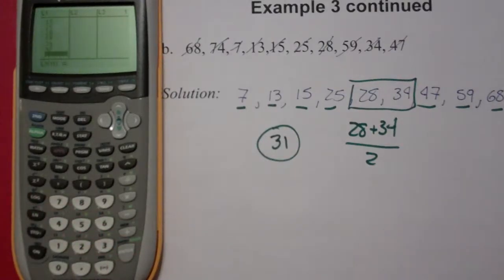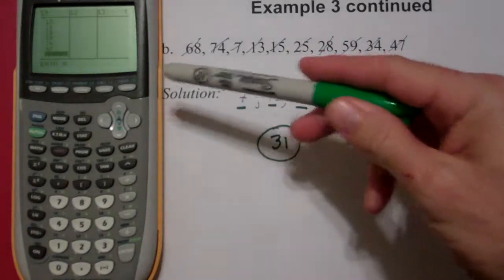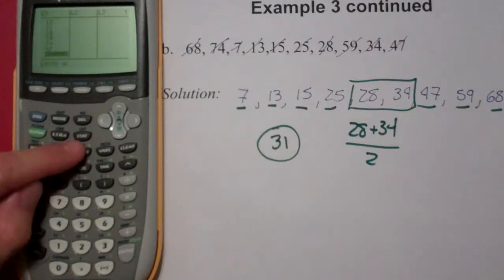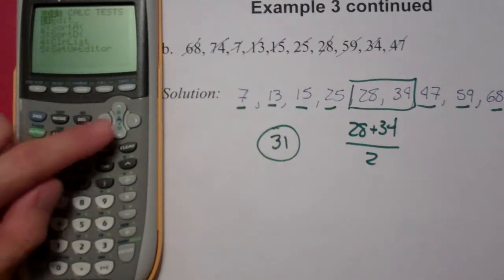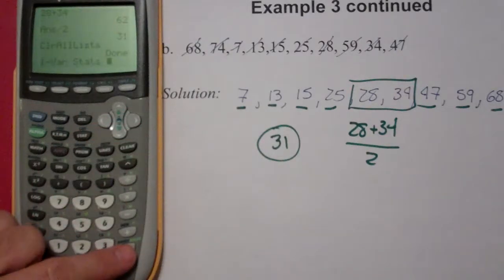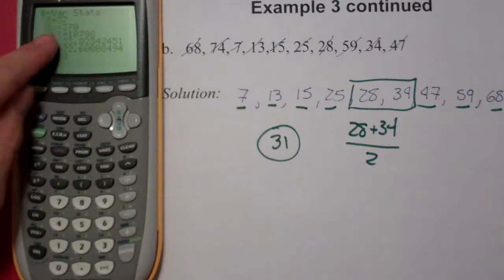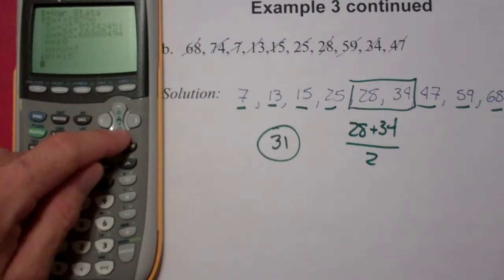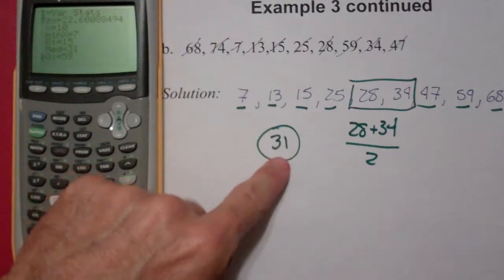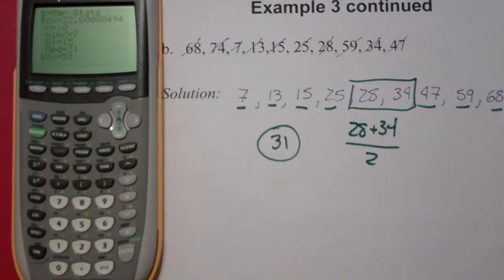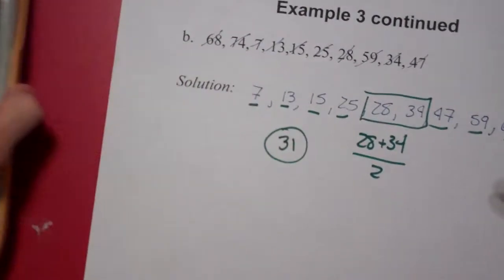And the nice thing is you could mess up doing it by hand, but this way I think it's a little bit harder. We're going to hit stat button again, over to calc, hit enter. It's a 1 list, so I just hit enter again, and now you get the mean is 37 and the median is 31, just like we calculated. So this is a good way of doing things.